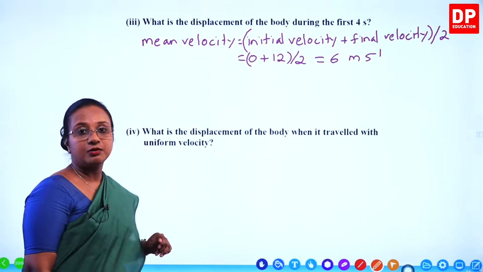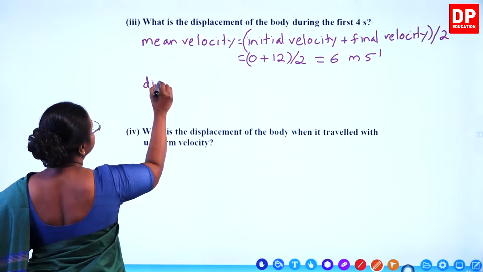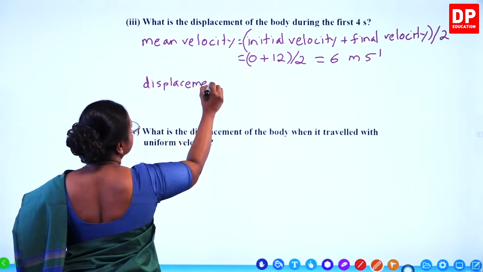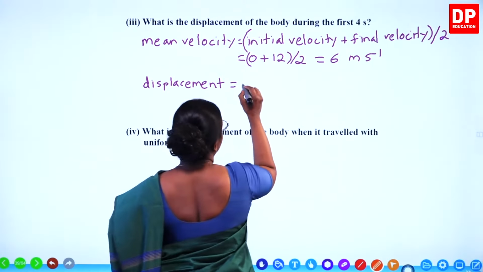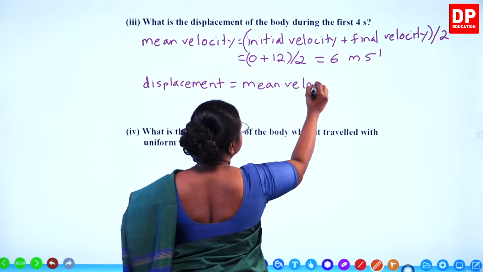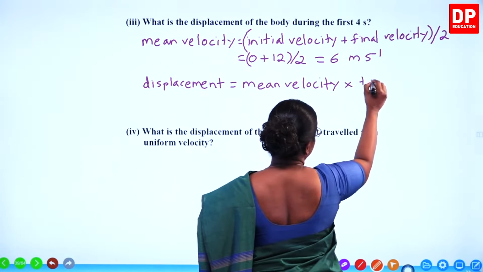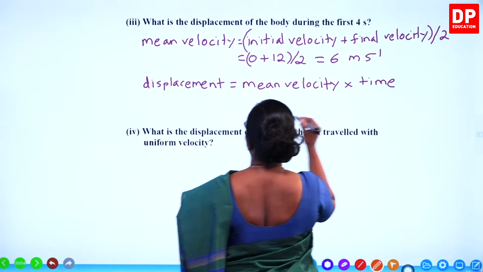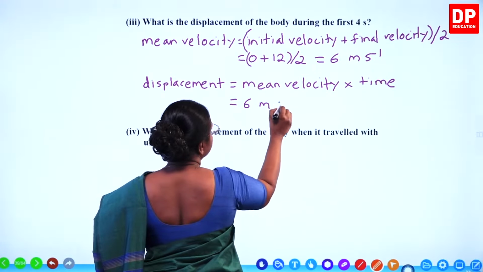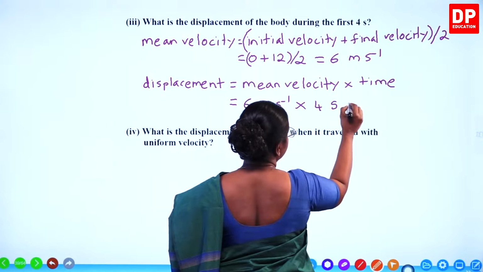And if we calculate the displacement will be mean velocity into time. So that is equal to mean velocity 6 meters per second and time 4 seconds.